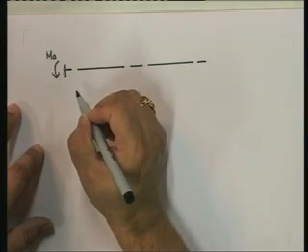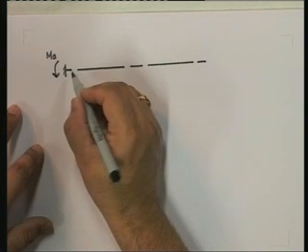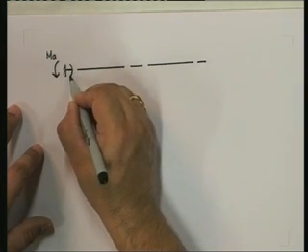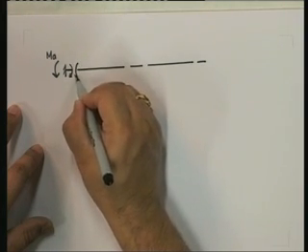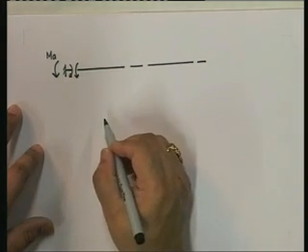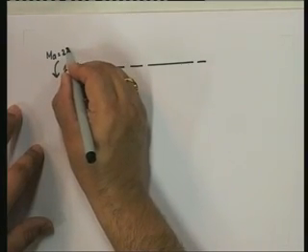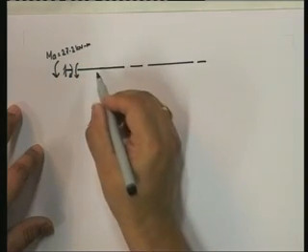To balance this, I need something like this, and to balance this, I need MAB. So this MAB is equal to 27.2 kilonewton meter.